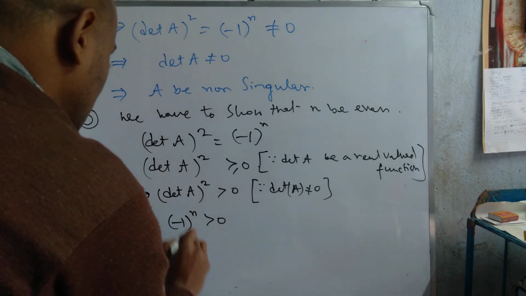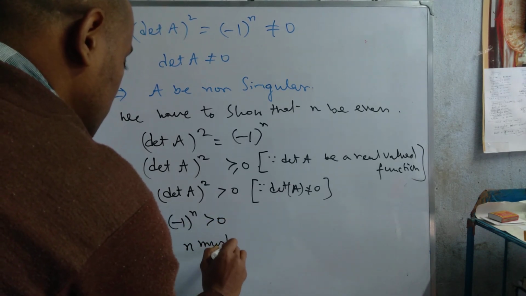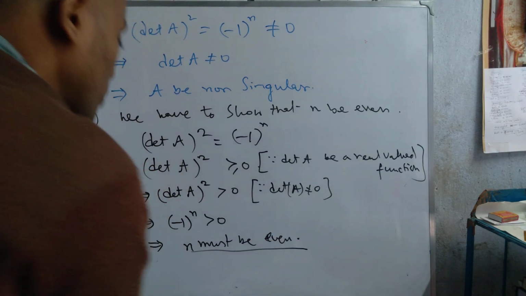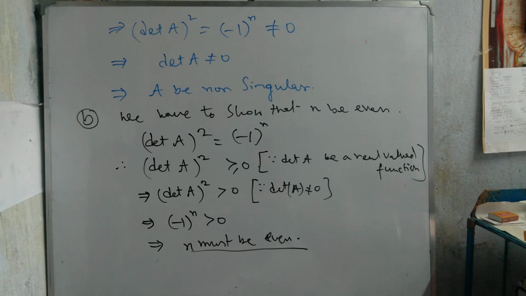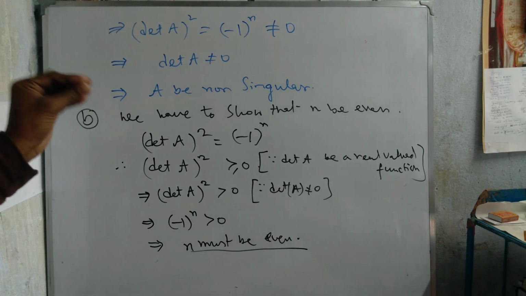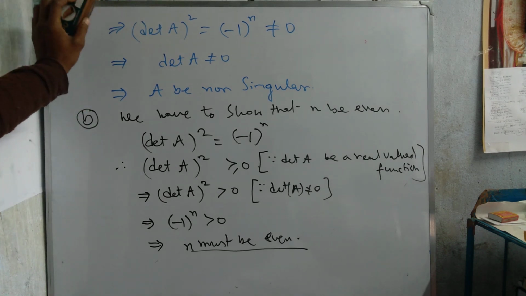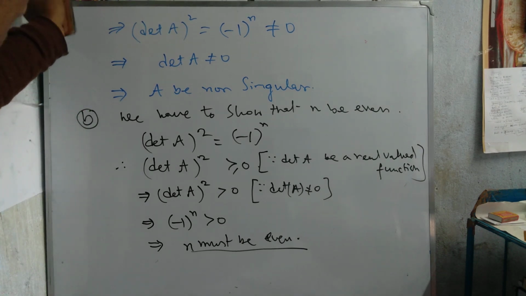This implies that n must be even. Not a problem at all. We proved this one easily. All these steps are clearly true, I think. Then we go to further discussion of the next question.